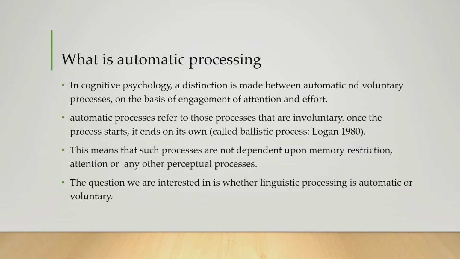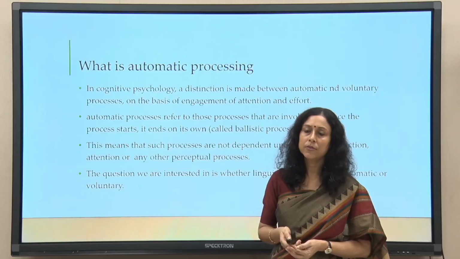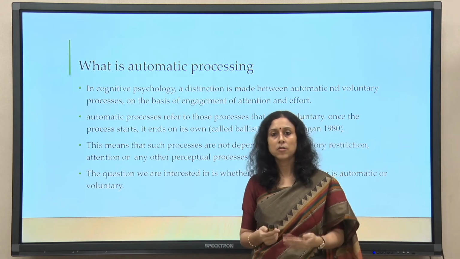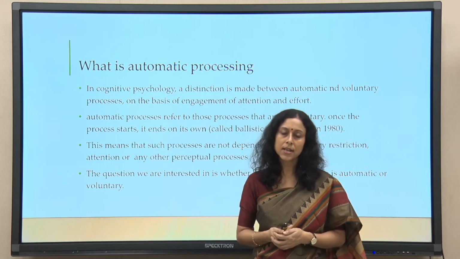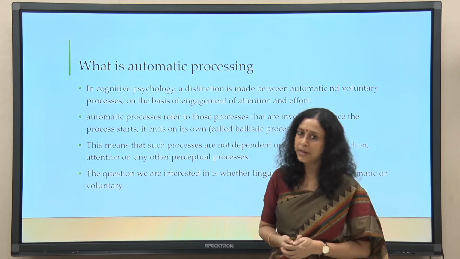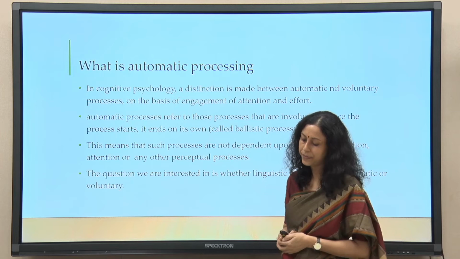When it comes to memory, there can be memory restrictions and various other aspects of memory. Similarly, attention or any other perceptual processes. So, an automatic process, as per the definition in cognitive psychology, is one that we are capable of carrying out without these other mental or cognitive apparatus.